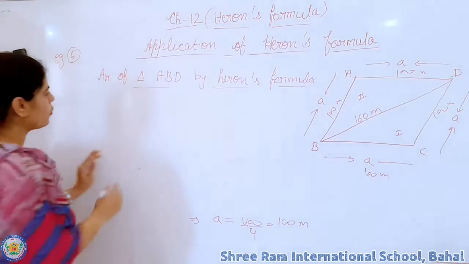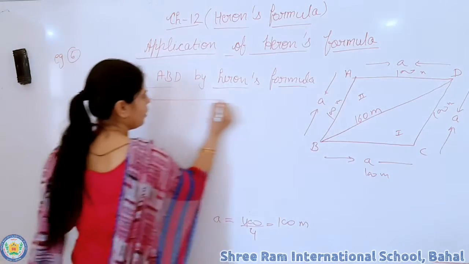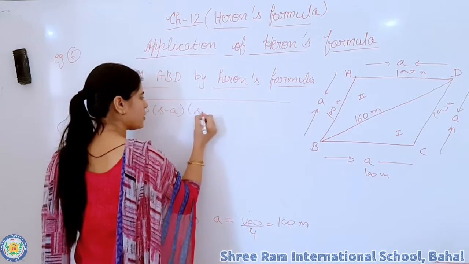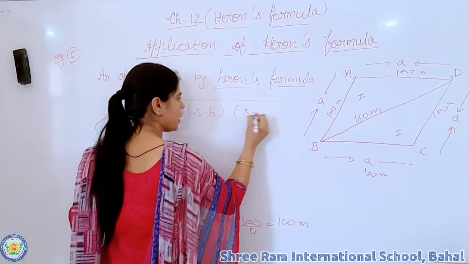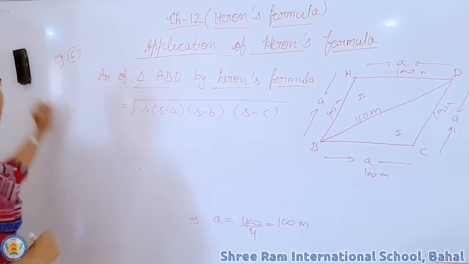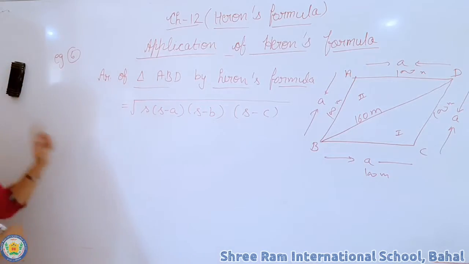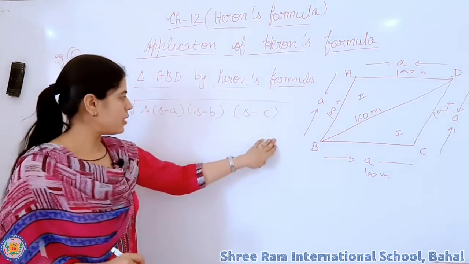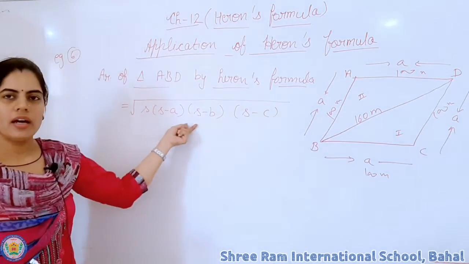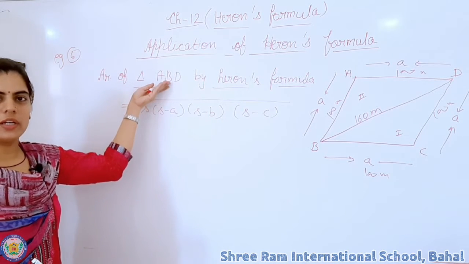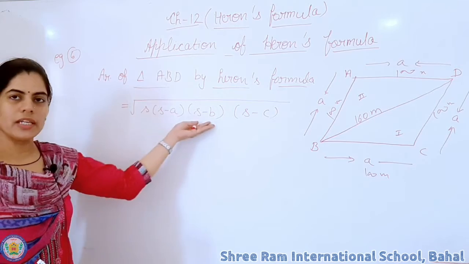What is Heron's formula? We know very well. Area is the square root of S into S minus A, S minus B and S minus C. A, B and C are the sides of the triangle whose area we are finding out. The sides of that triangle are written here.